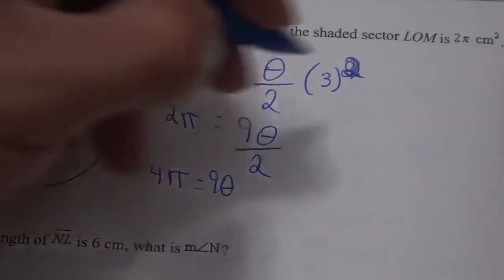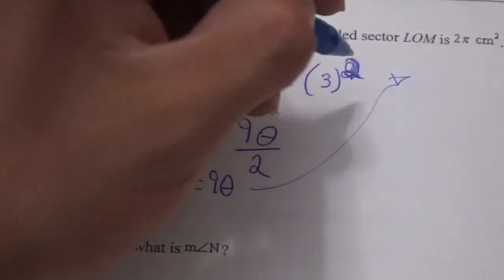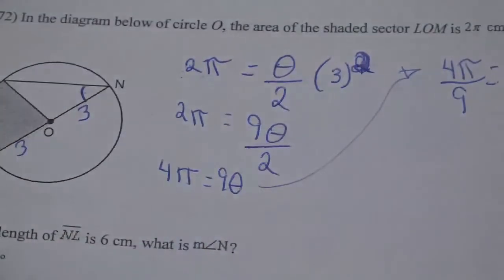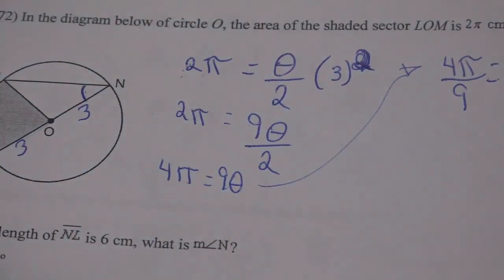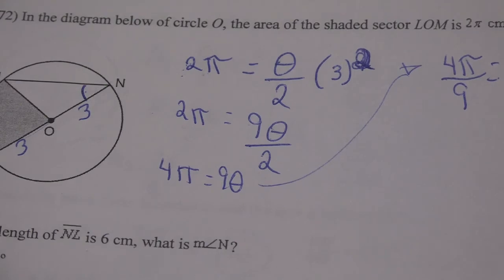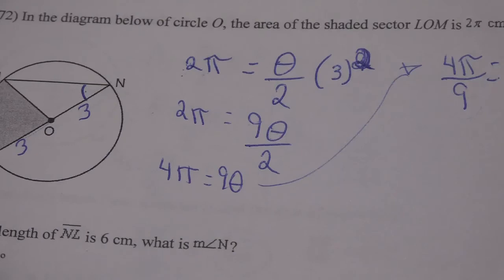I'm going to get 4 pi over 9 equals the angle. So now all I got to do is turn that 4 pi over 9 into degrees.